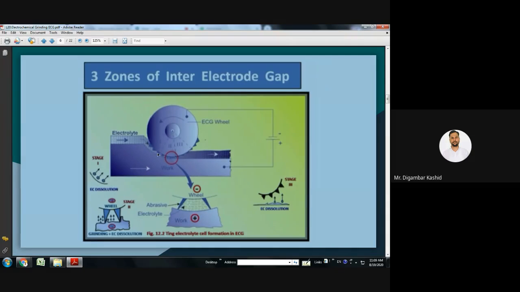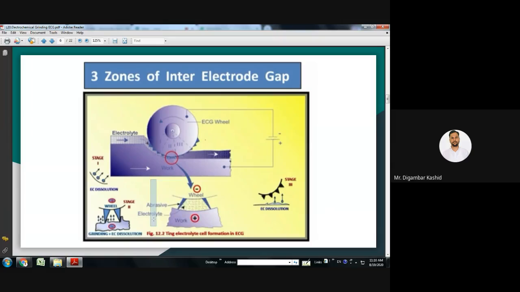They will come in contact with your workpiece at stage number 2 or zone number 2 only. You can see here, your workpiece acts as an anode, and your wheel acts as a cathode. In between, your electrolyte is there, and abrasive particles are bonded on your wheel.